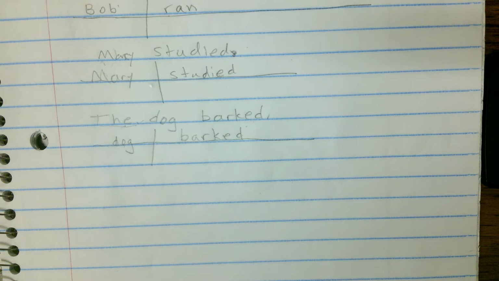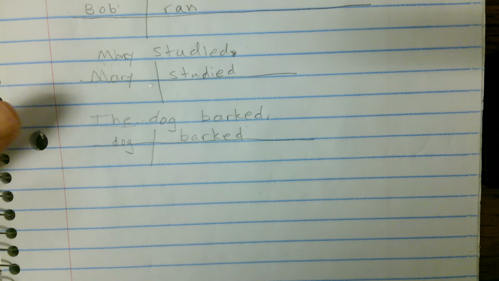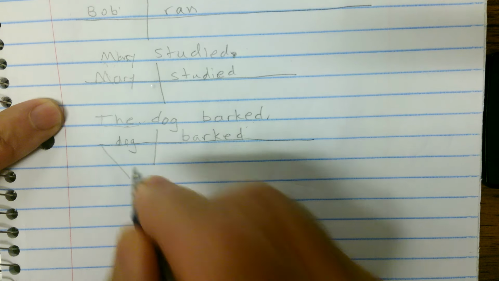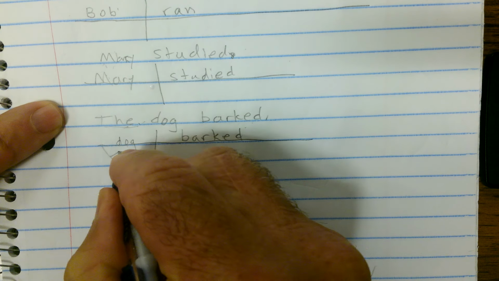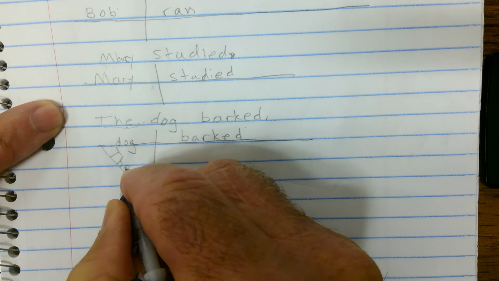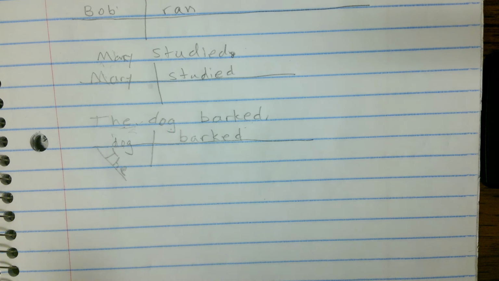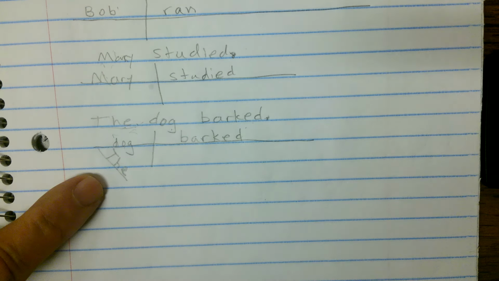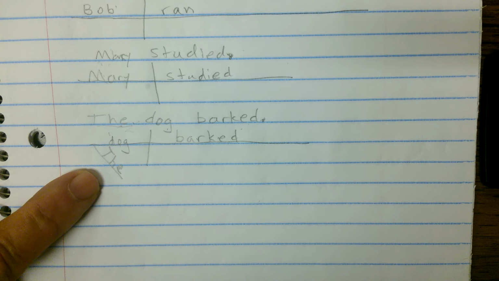So we have dog barked, but what we don't have is the word the. Well, since the modifies dog, we draw an angle line and we write the word the here. So the dog barked. We know which dog. Now this is when we're starting to add adjectives to it.